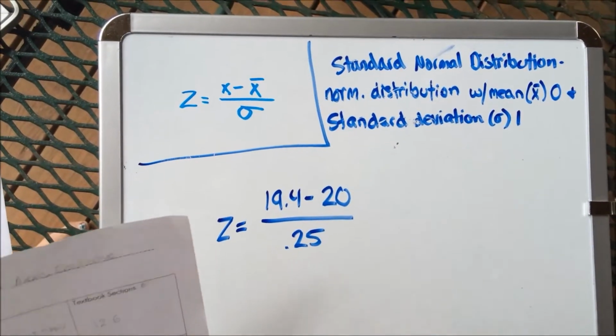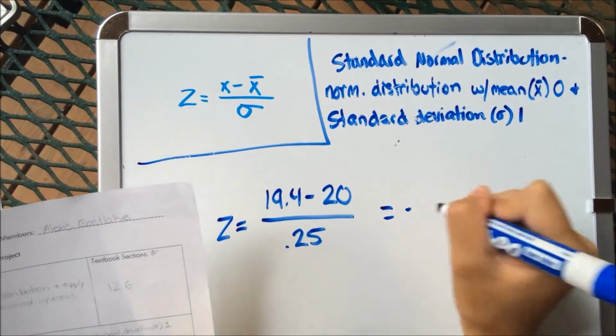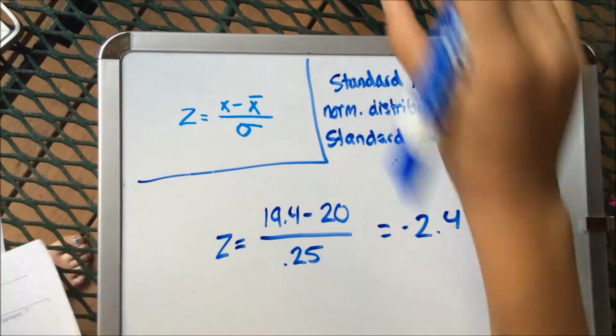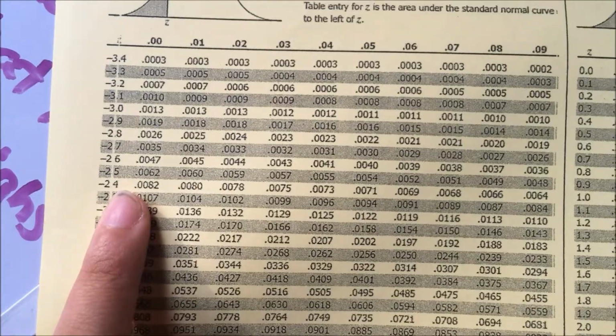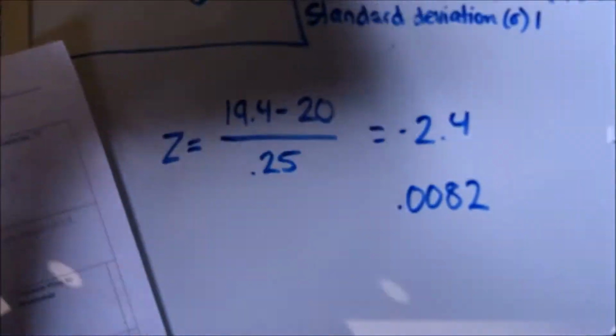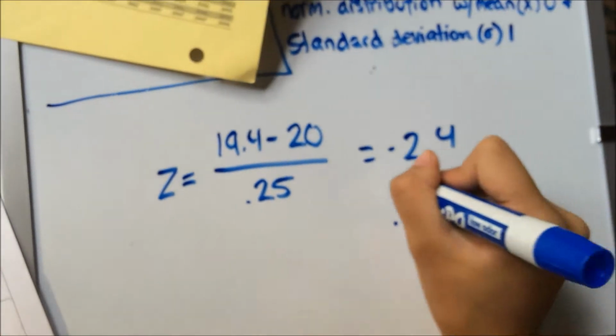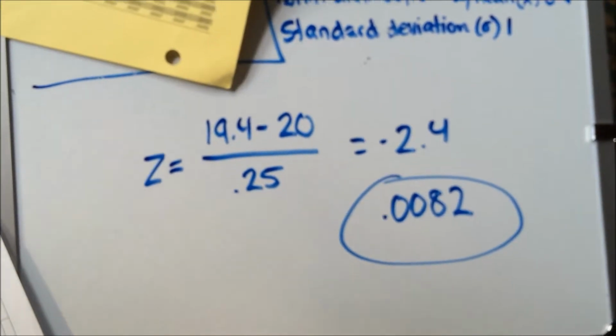After plugging that all in, you should get negative 2.4. And if you go to your z-score chart, negative 2.40 will be 0.0082. And because they're asking for probability, you're going to keep it as a decimal. And so that will be your final answer.